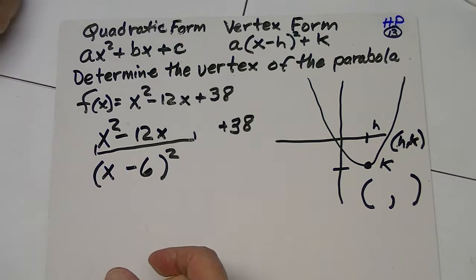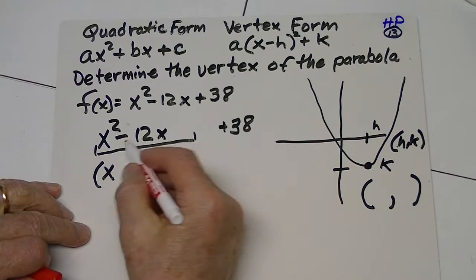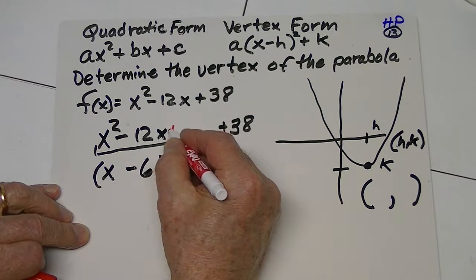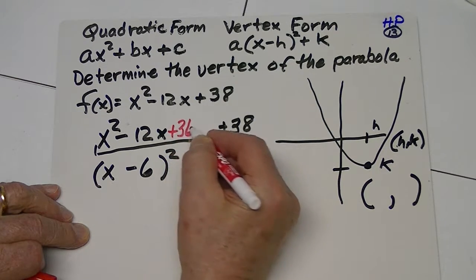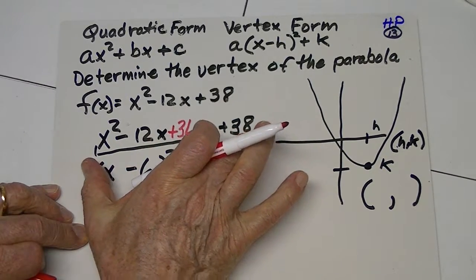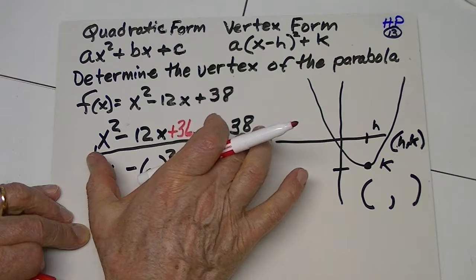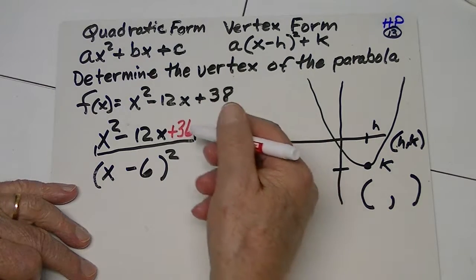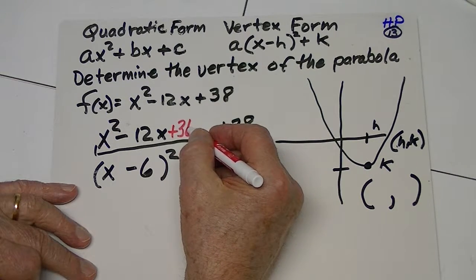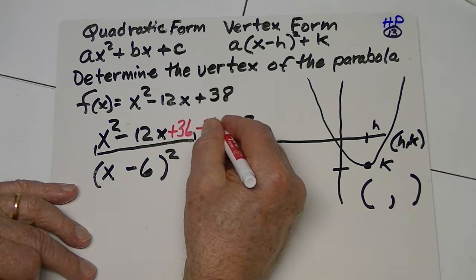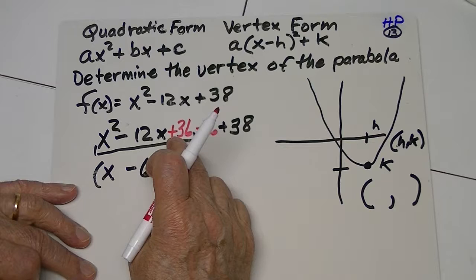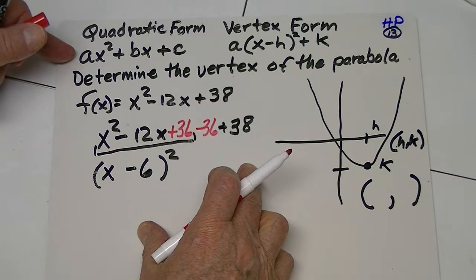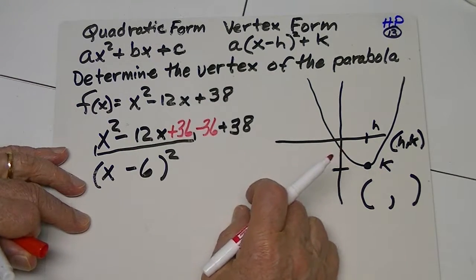And then what we do, in order to complete the square, we square a negative 6 and get a positive 36. But now we've added something to this expression here that makes it different from what it was originally. So where we've added 36 here, we're going to subtract 36. So 36 minus 36 is 0. So theoretically we have the original, but we're just putting it in a different form.